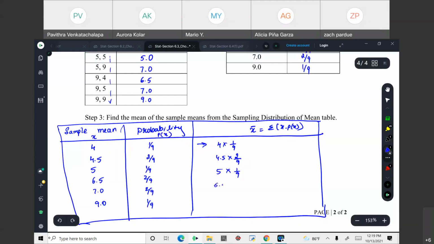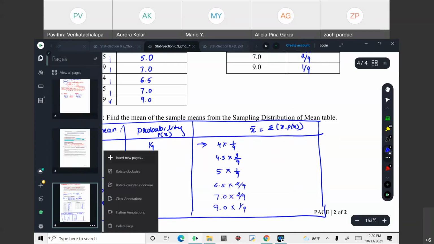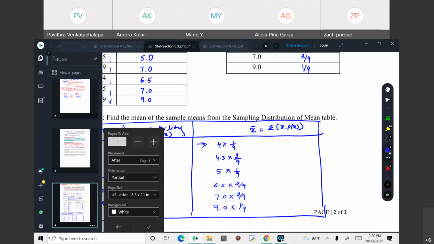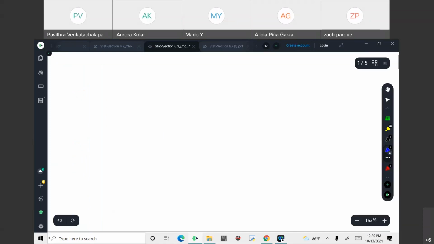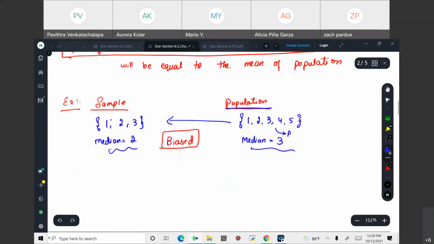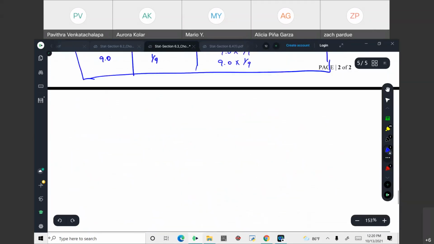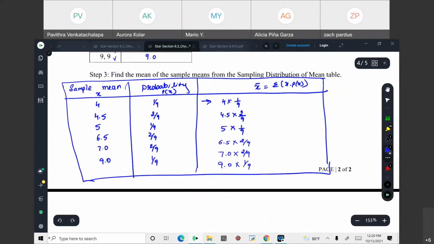Here it is 6.5 into 2 by 9. We have 7 by 9, 9 into 1 by 9. Done.